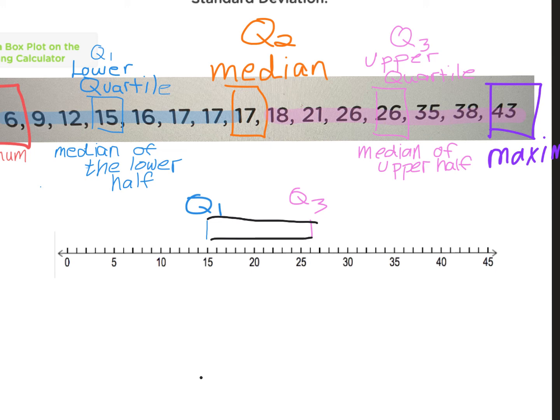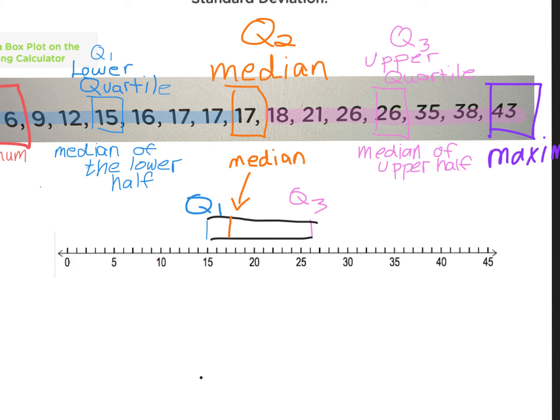And the median is a little line that goes inside, right there. So you're going to make a box. The left side of the box is your lower quartile. The right side of the box is your upper quartile. And then the median is going to be a line that's right inside that box.